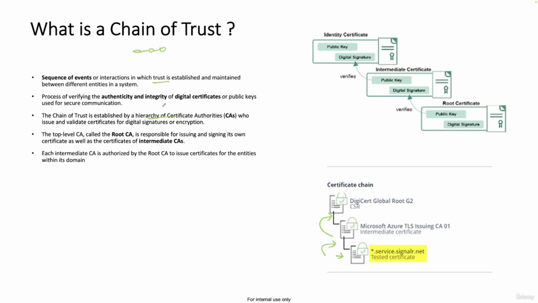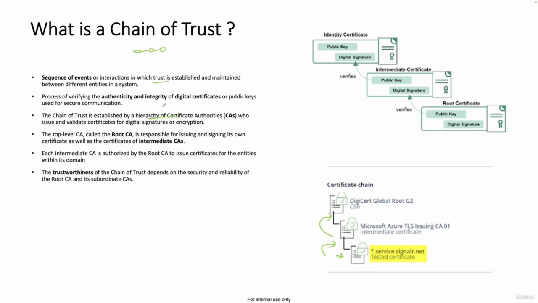So each intermediate CA is authorized by the root CA. Always remember that you can't simply go to the intermediate CA. The root CA has delegated authority to the intermediate CA, saying: yes, please go ahead, check the identity of that person, and issue the certificate. So an intermediate CA is authorized by the root CA to issue certificates.